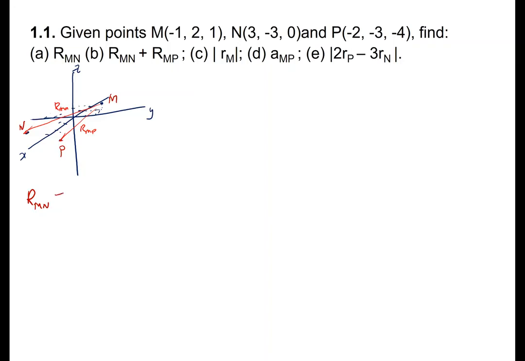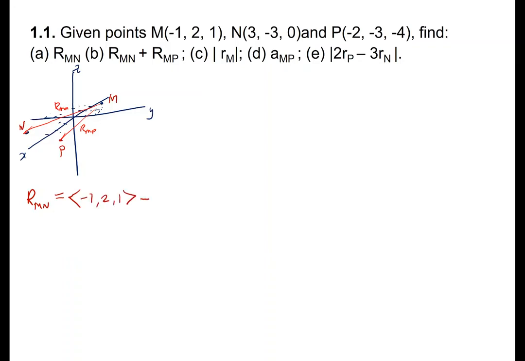It's very simple. The vector RMN is actually the subtraction of 2 points. You have the point M, which we represent with a vector m, so this is negative 1, 2, and 1.